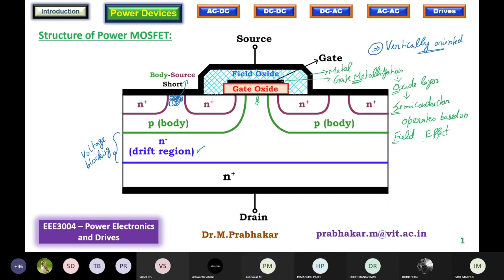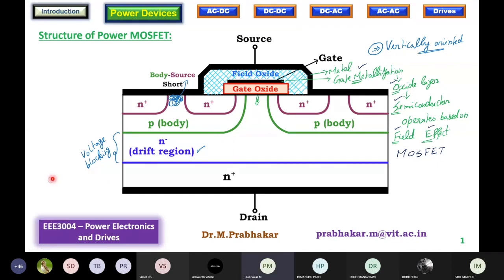Now, if you just join the first terms, M, O, S, F, E, and of course it is similar to a transistor. Therefore, it is termed as metal oxide semiconductor, and it works on field effect. So it is metal oxide semiconductor field effect transistor. That is the expansion of MOSFET.